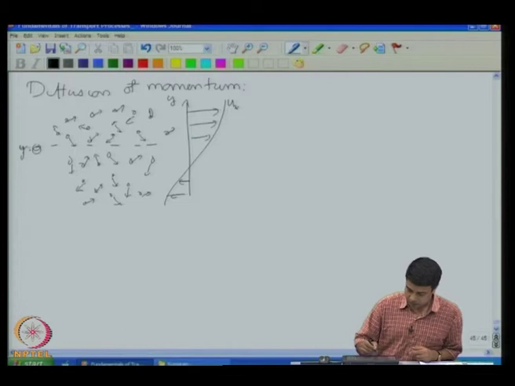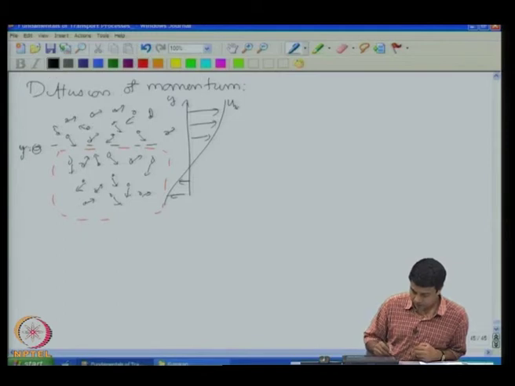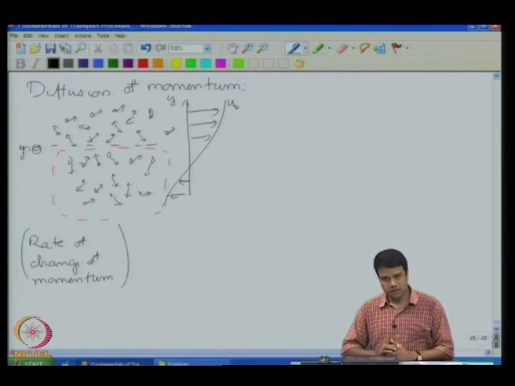So, if we take the volume below the surface, and try to write an equation for the rate of change of momentum. Note that momentum has 3 components, but in this particular case we are assuming that the mean velocity is non-zero only in the x direction.